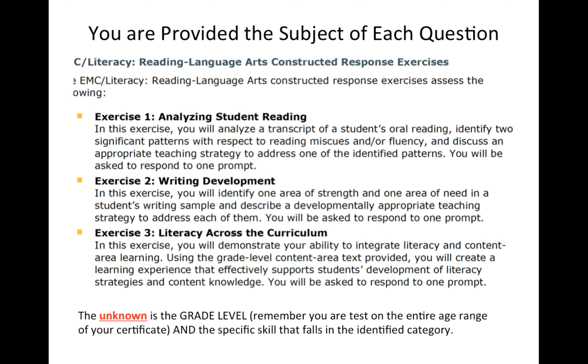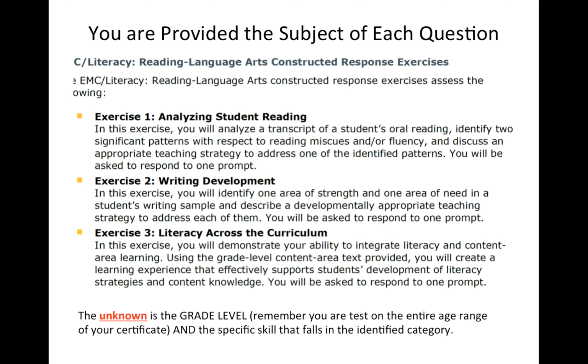Now, the thing to remember is you don't know the grade level. If you go back and you look at the picture that we showed you at the beginning, it will be over your entire age range. So I think literacy begins from pre-K and goes up to age 12. So you don't know until you get to the assessment center whether you will be analyzing student reading on a first grade level or on a fifth grade level, okay?